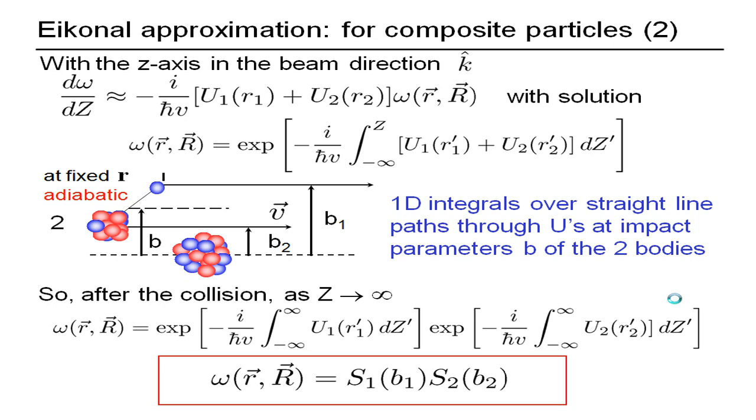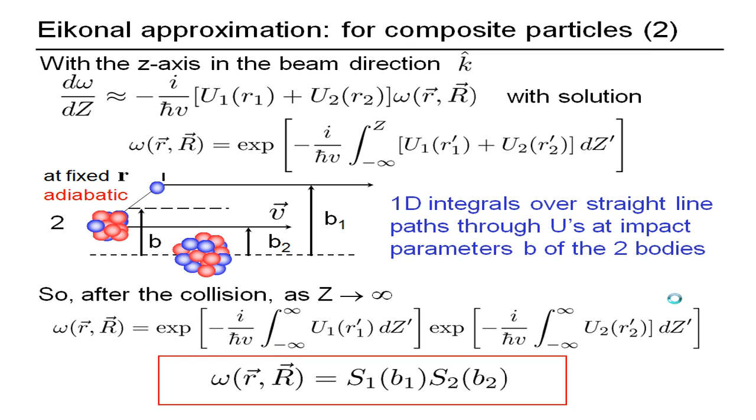So I've got these two in a fixed position, and they're traveling past the interaction region with some velocity v, on their own straight line paths at their own individual impact parameters. B1 is the impact parameter of particle 1, B2 is the impact parameter of particle 2.